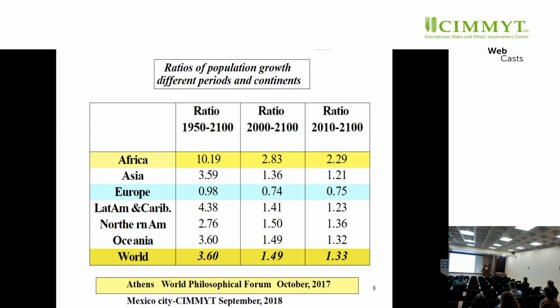Compared to others, Asia is still modest, but Asia has a large population. So one should always talk with two numbers anyway. In the end, for this presentation, the world ratio from 2000 to 2100 will be a factor, according to this data, of 1.5. But Africa is the major problem, to my understanding. Okay.